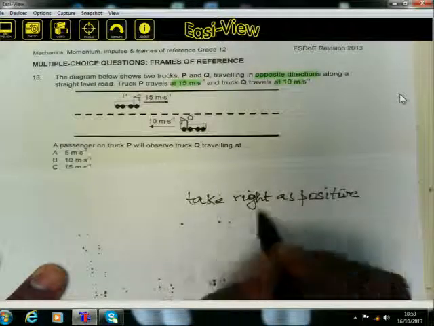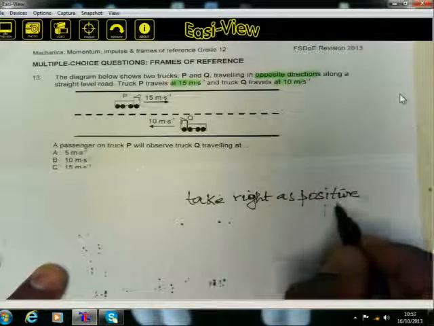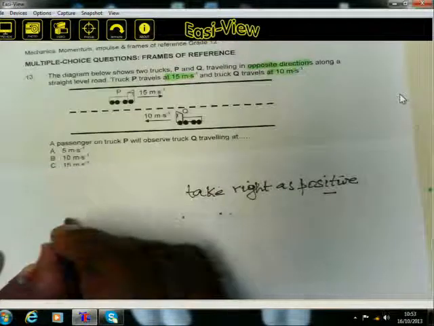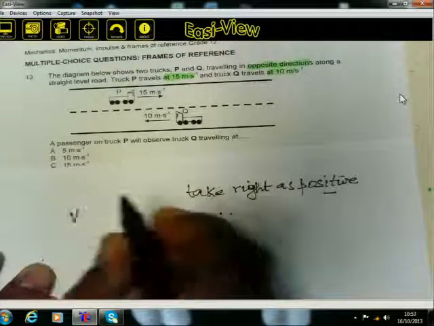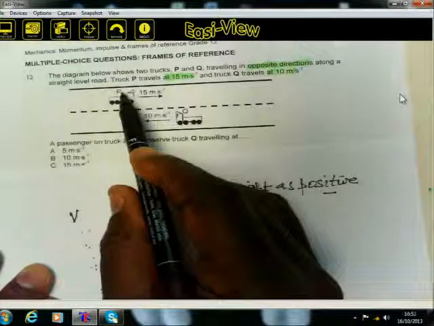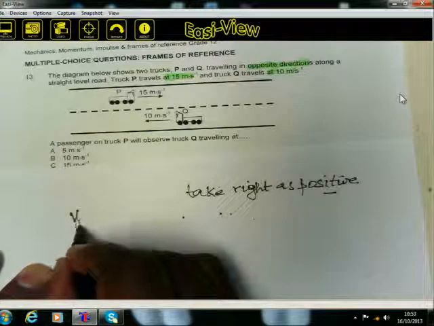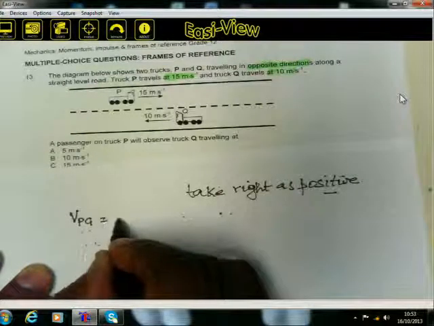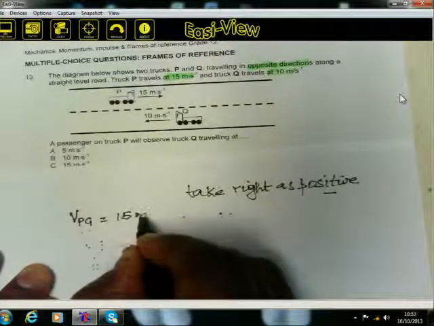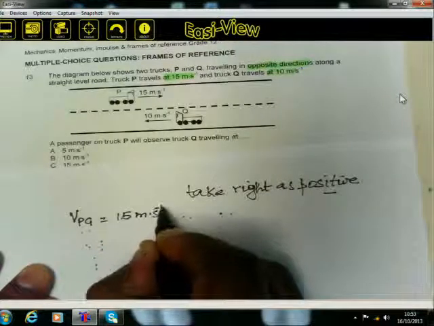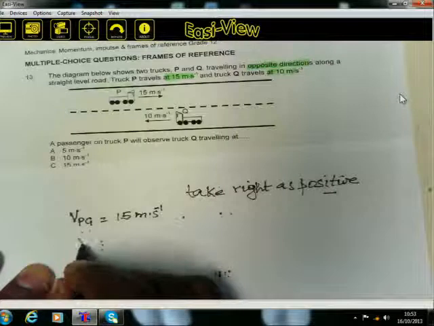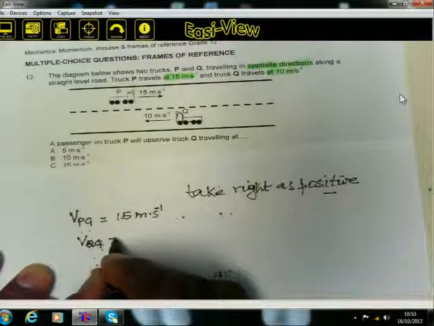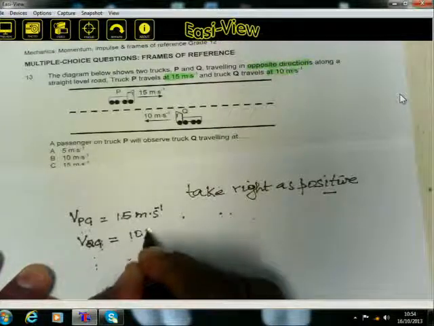If we take the direction to the right as positive, then we can work out the velocity of object P relative to the ground is given as 15 meters per second. The velocity of object Q relative to the ground is given as 10 meters per second.